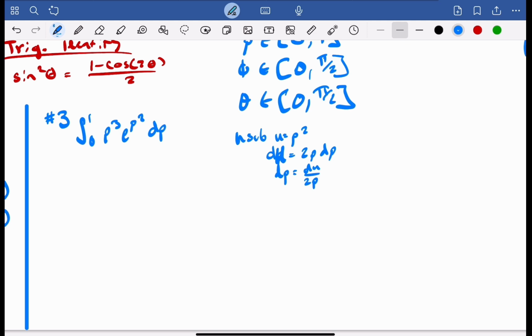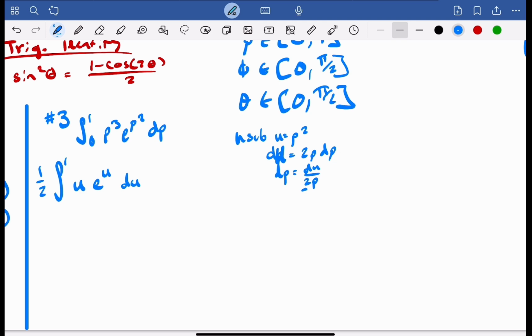So that means that our integral is gonna have, we're gonna pull out the half from our 2 down here, and then we're gonna have u e to the u du as our integral.